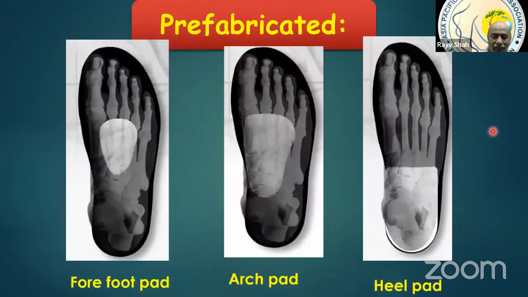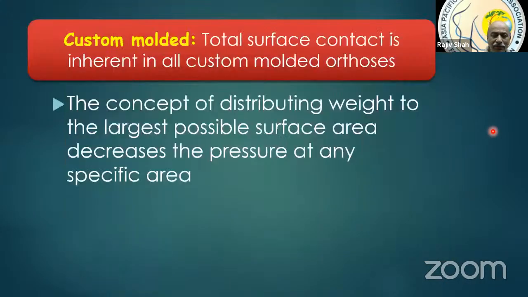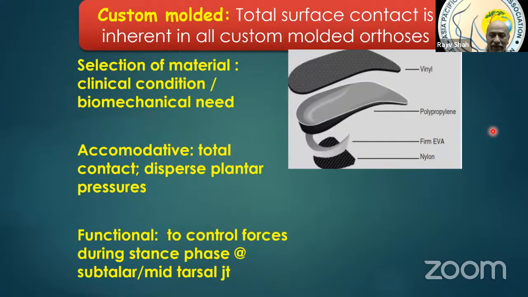So these are prefabricated forefoot pad, arch pad, and heel pad, which are available and you could use. Custom molded, like total contact surface is casted, and the concept is to distribute weight to the largest possible surface area and thereby reduce the pressure at one particular area.